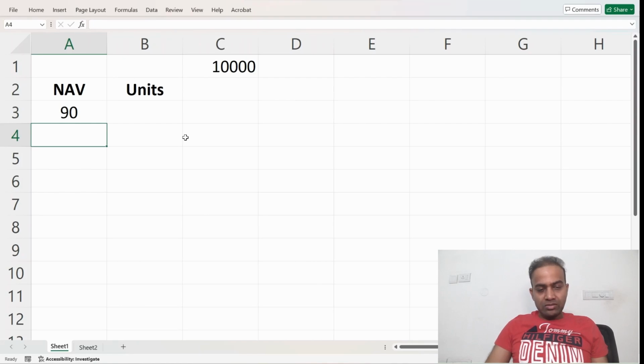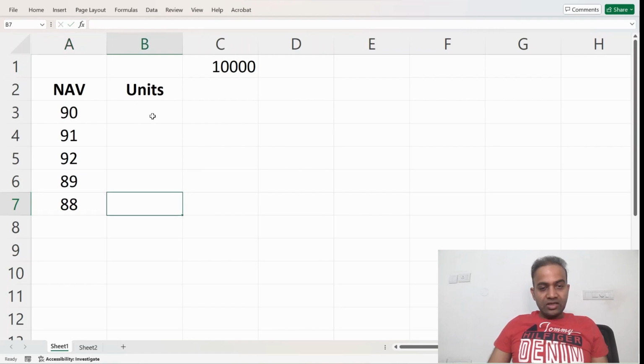Next month, that becomes 91. Month after that becomes 92. And then, say, the market falls, the NAV for that fund is 89, and in the subsequent month it becomes 88. Now in this scenario, let's see how many units you get through SIP.